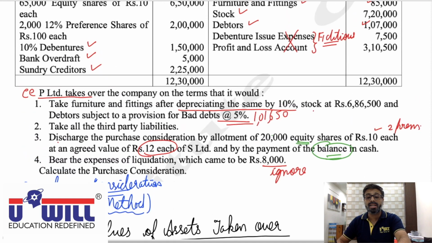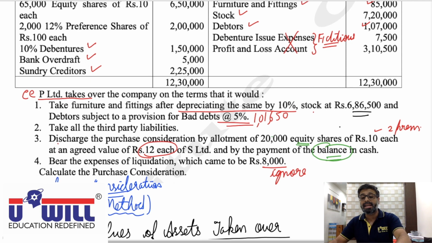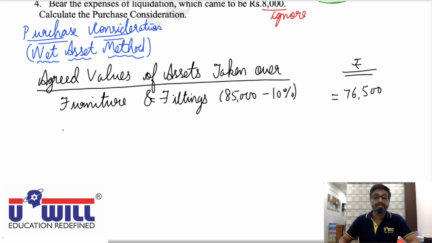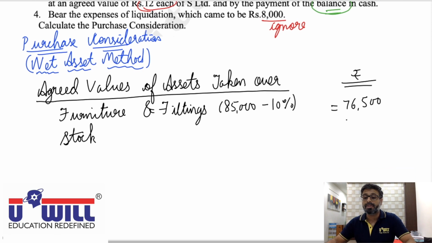Then after furniture and fittings, the next asset is stock, and in adjustment number 1, stock's value is directly given, 6,86,500. So stock agreed value is directly given, 6,86,500.